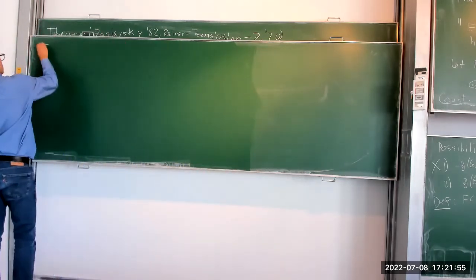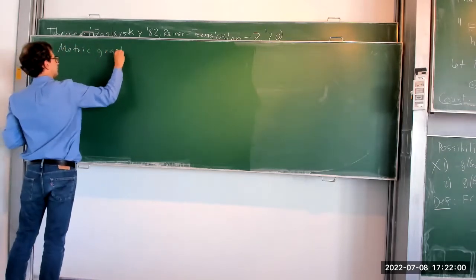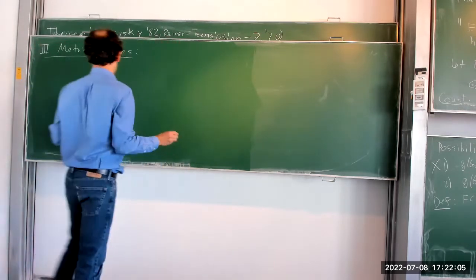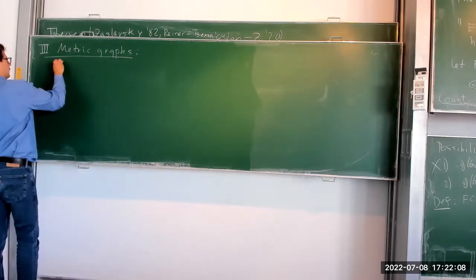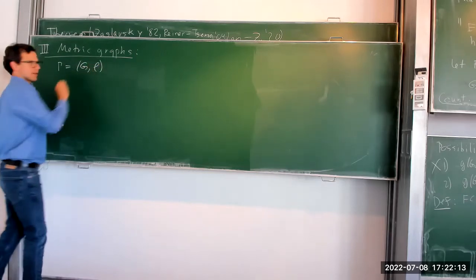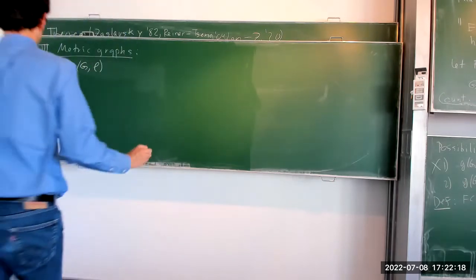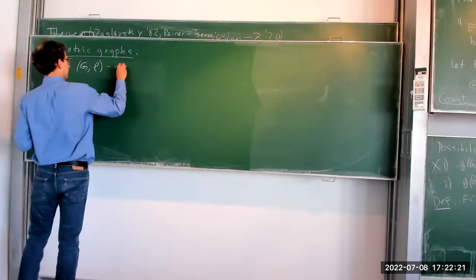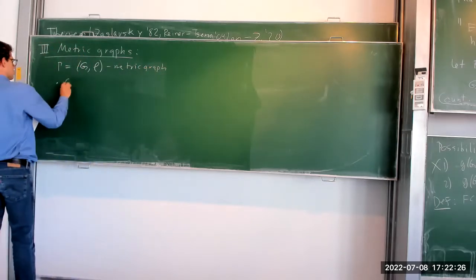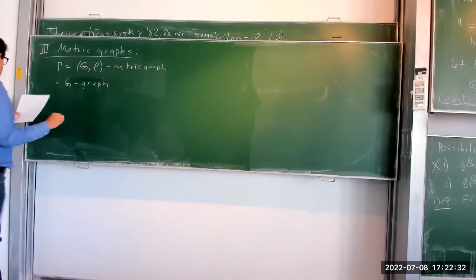So now let's talk about metrographs. A metrograph consists of the following data. It's just an ordinary graph G and an assignment of something called length to each edge. So this is what's called a metrograph. G is just a finite graph, with loops and multi-edges allowed.